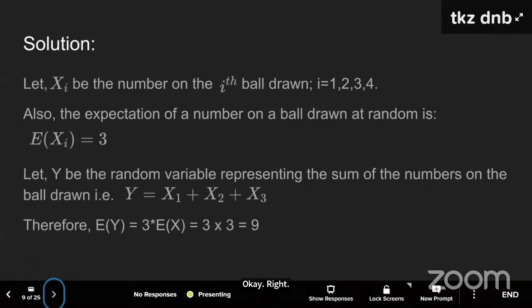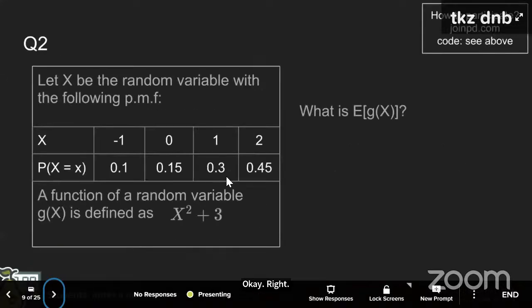So let's move to the next question. Let X be the random variable with the following PMF. This is given in the table. The function of random variable g of x is defined as x square plus 3.